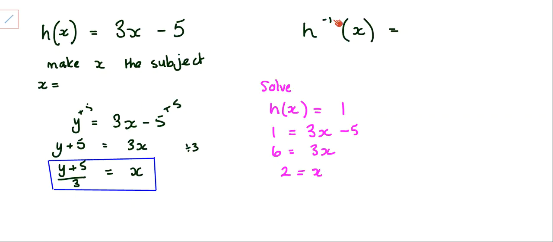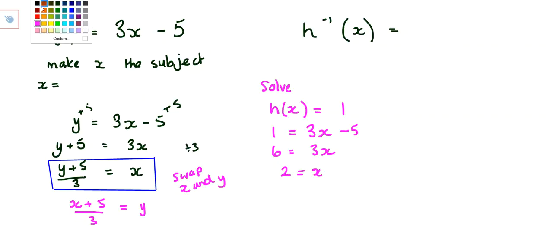Now you notice it's h to the minus 1, the inverse function of x. So keep this in mind, because when we do the graphing stuff in a bit, you'll understand why hopefully. We're going to swap x and y. And it becomes y equals x plus 5 over 3. And that is your inverse function.